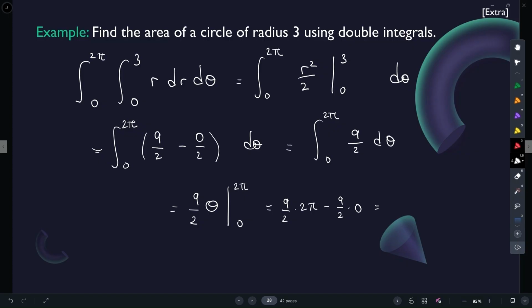And well, this will just be 0. And here the 2's will cancel out. What I get as an answer is 9 pi, which is precisely what I got before. That is the same as pi r squared. So yes, this is correct. The area of a circle of radius 3 is 9 pi.